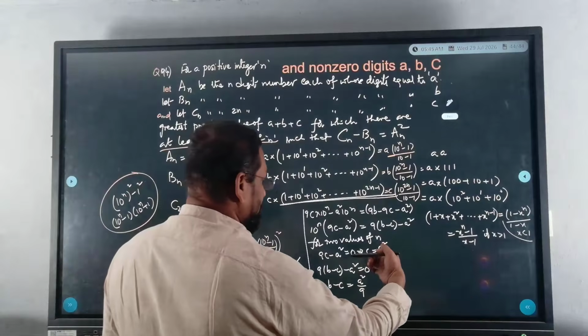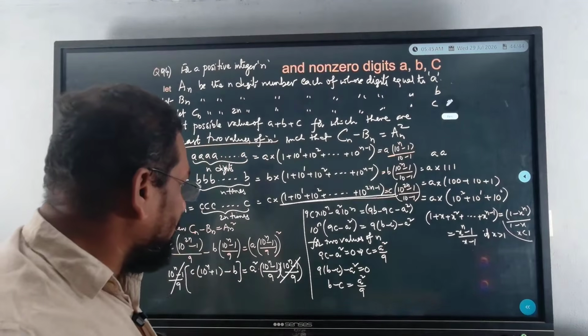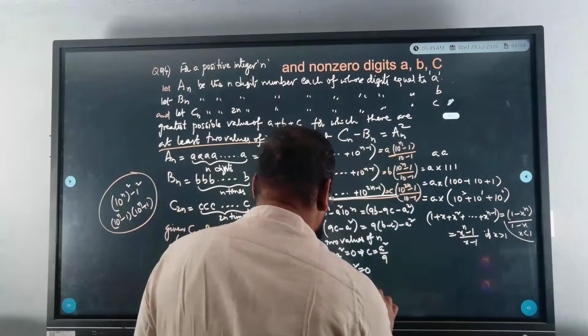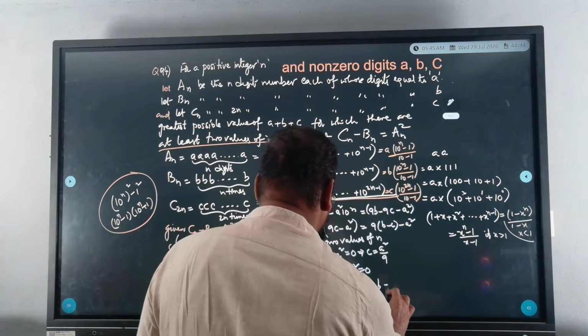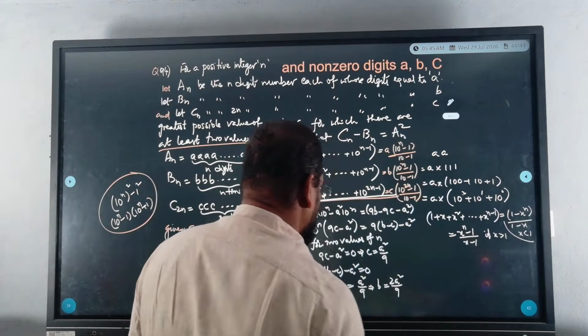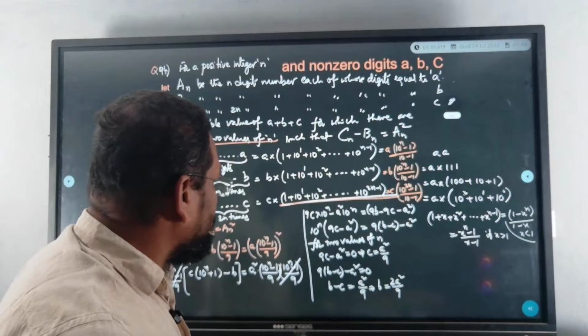What is c? a²/9. Okay, a²/9. So b is equal to 2a²/9. Sure.